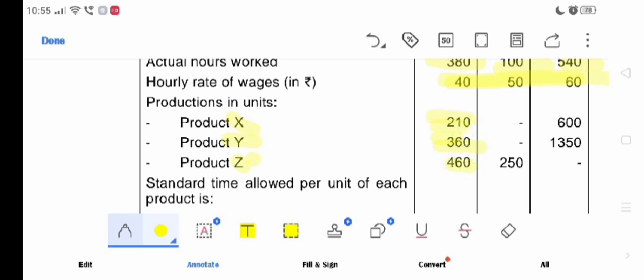Person 1 has produced 210 units of product X, 360 units of product Y, and 460 units of product Z. But the second person has only dealt with product Z, there is no X and Y. And similarly, the third person has not done product Z but only product X and Y, 600 units of product X and 1350 units of product Y.